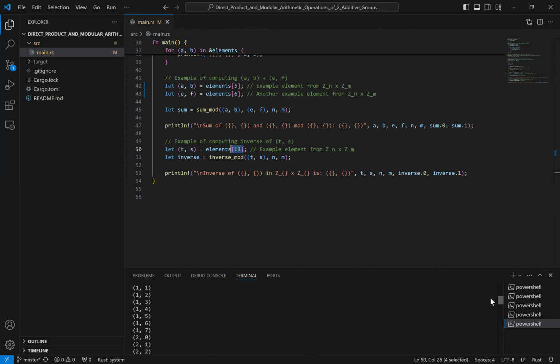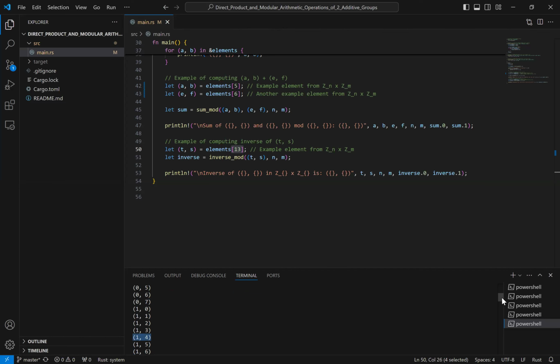So if it's identifying 1, 2, 3, 4, 5, 6, 7, 8, 9, 10, 11, 12, 13.